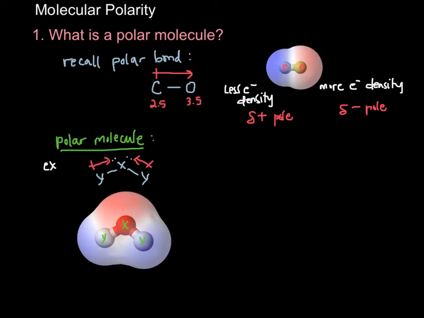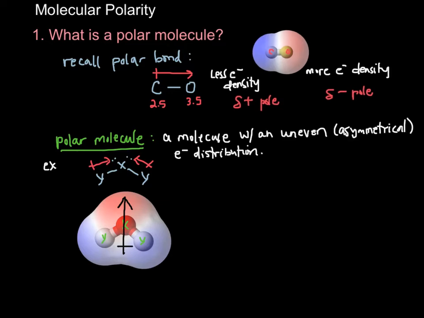So when you look at this molecule, we know this molecule is polar because the electrons are not evenly distributed throughout this entire molecule. There are clearly more electrons up at the top than there are at the bottom. So we get a pull of electrons from the bottom, or the Y parts of this molecule, up to the top.